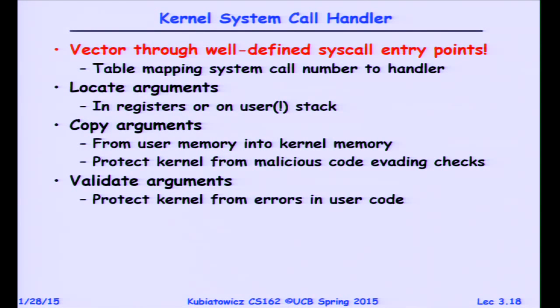Did they ask to read -1 bytes from a disk drive? That's probably bad. And then, when you're done, you copy the results back to user memory. You can't give the user access to kernel memory. That's a little bit of a lie, and maybe we'll talk about zero-copy optimizations later in the term, but for now, let's take this as it is. As you can see, it's all about making sure the user can't mess up the kernel.